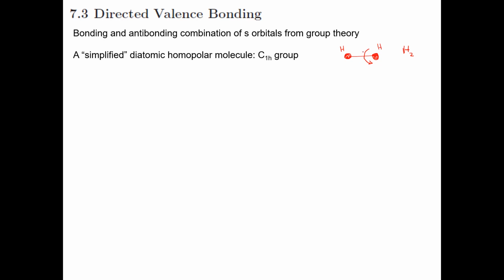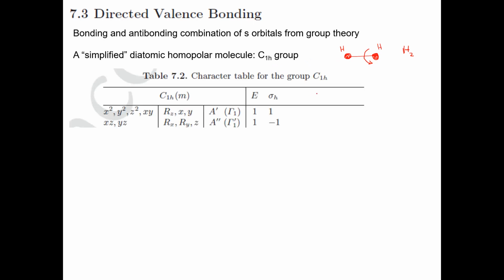Okay, forget about the rotations and reflections, but let's say that I have a simplified set of operations in which I only have two operations. For this C1h group, I have only the identity operation and the sigma h operation. So let me suppose for simplicity that the only two operations that I get are the identity and reflection with respect to a horizontal axis.